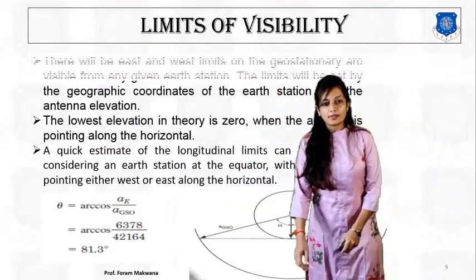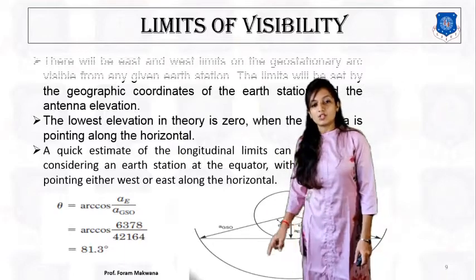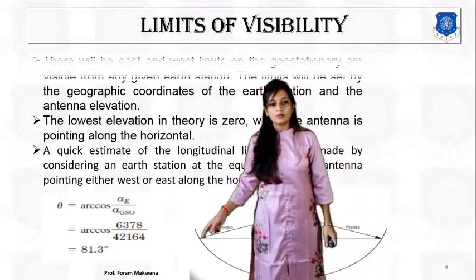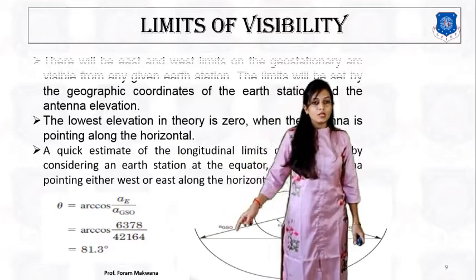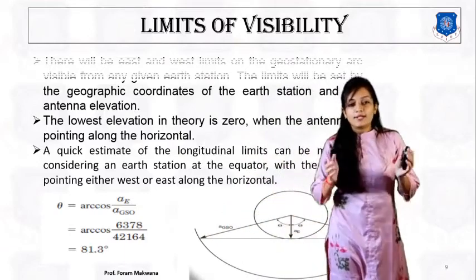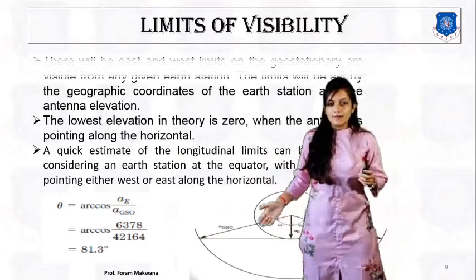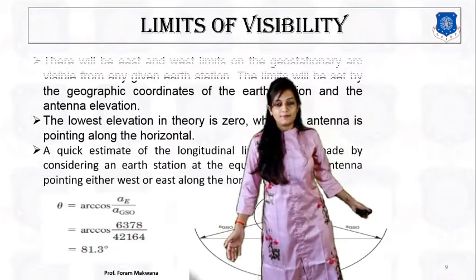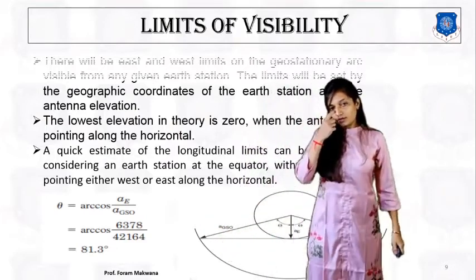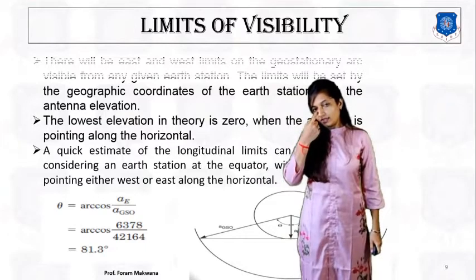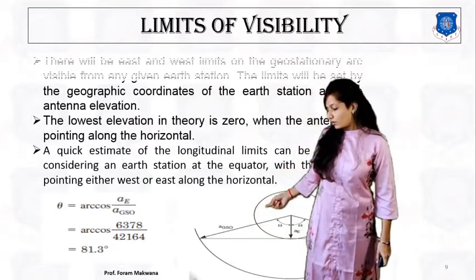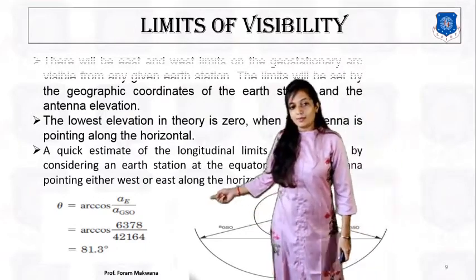For that, we need to consider an earth station located on the equator. So my antenna can be pointing either east or west. We are going to calculate the angle theta, which is equal to cos inverse of r upon AGS.